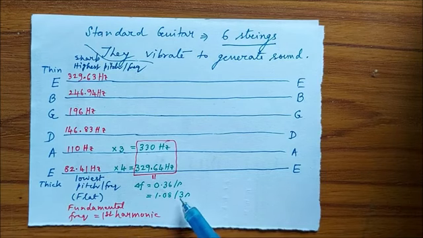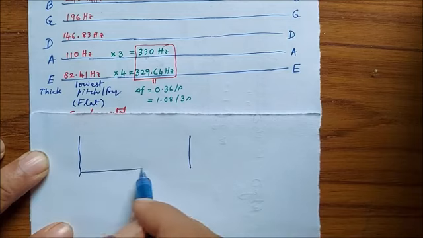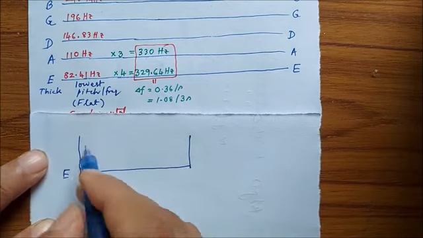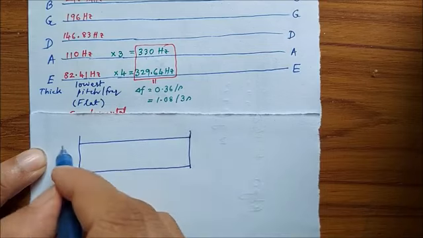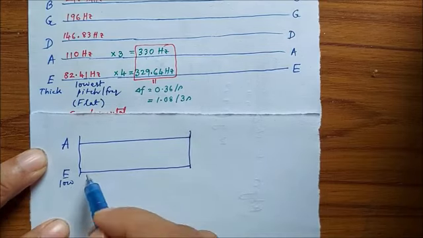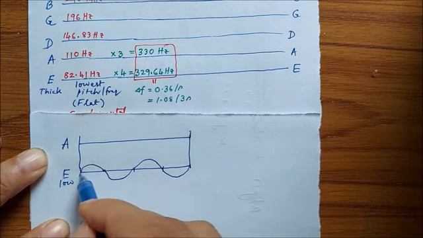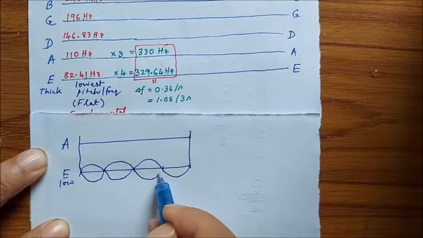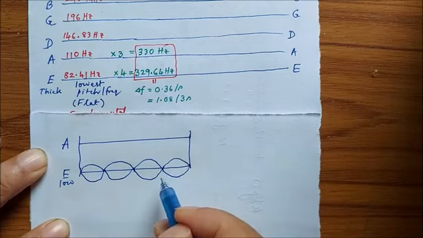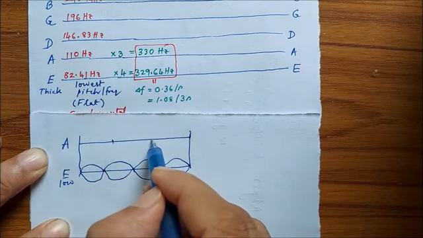And this actually means, suppose this is the E string and this is the A string, this is low E, and there are 4 harmonics, so we'll have four humps, and A has 3 harmonics, so it will vibrate in this way.